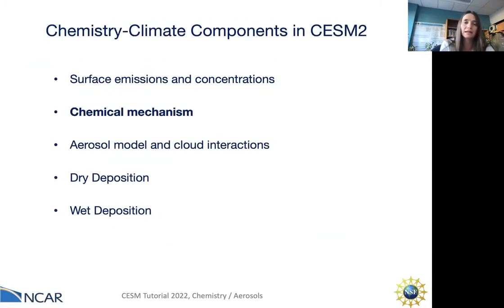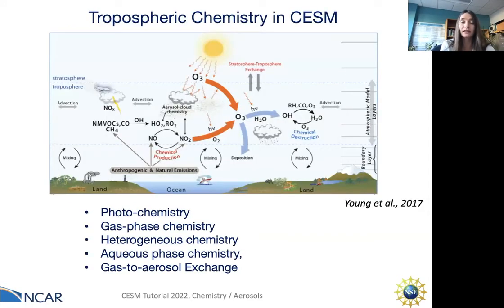So going to the next is the chemical mechanism. Mike has already talked a little bit about it for WACCM. This is an illustration of the troposphere chemistry. It is quite complicated. You have various precursors that are entering the troposphere here for ozone, and then depending on conditions, ozone will form, ozone will also react with other chemistry.